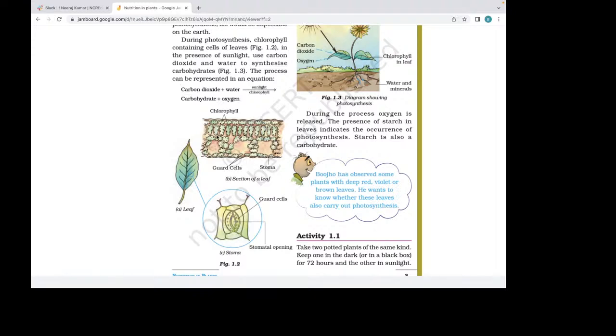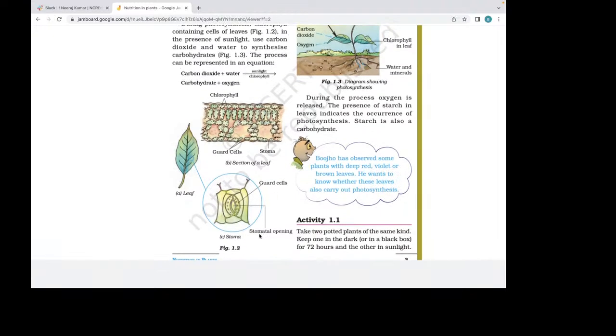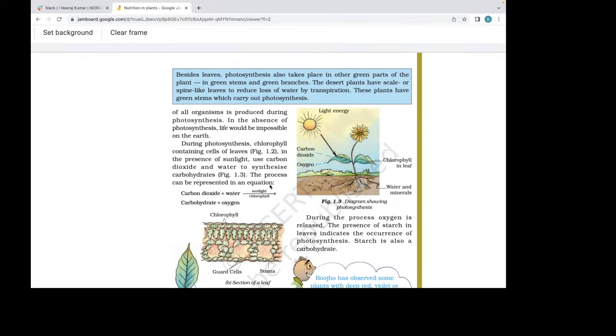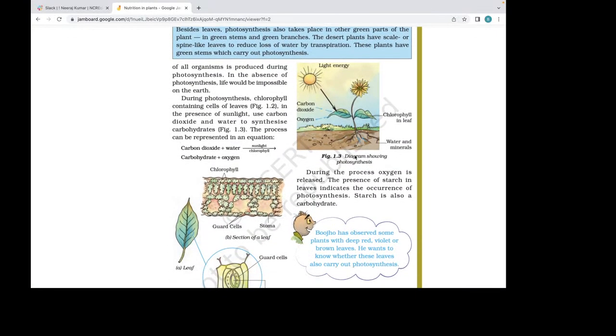This pigment is chlorophyll, and here you can see a close picture of stomata, which here is the stomatal opening, and these are the guard cells. Okay, and here the diagram is showing photosynthesis. Here is the chlorophyll on the leaf.